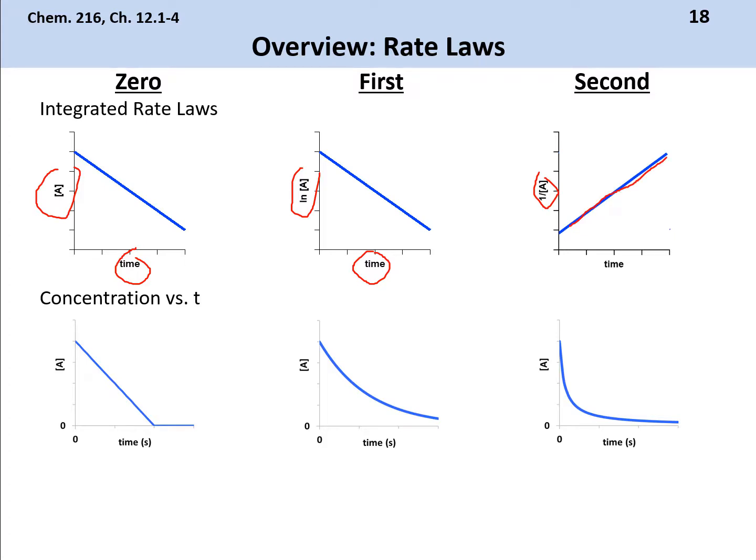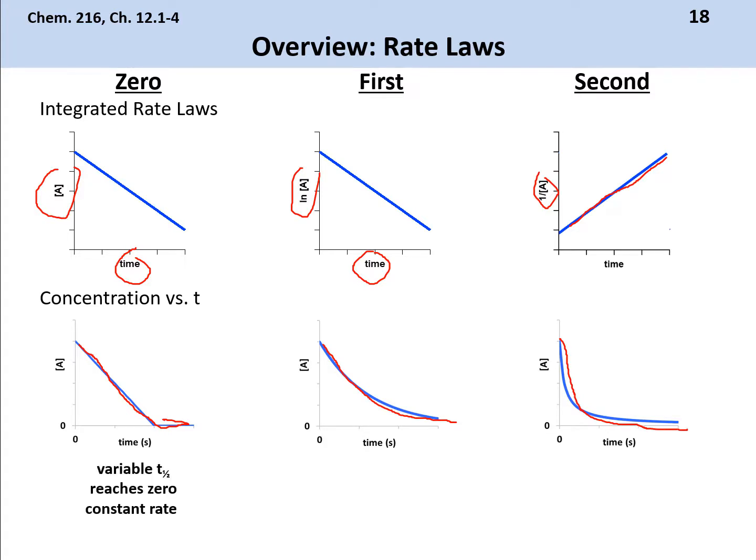But what if I were to just plot concentration versus time for all of them? For zero order, I get a straight line, but then eventually it gets to 0 and flattens out, because I can't get negative concentrations. First order just decreases with time, but it never gets to 0, and it's not a straight line. For second order, I get something similar, but a slightly different curve.